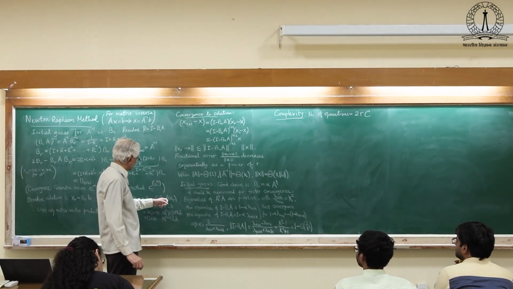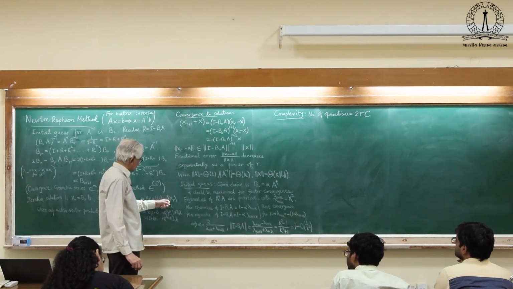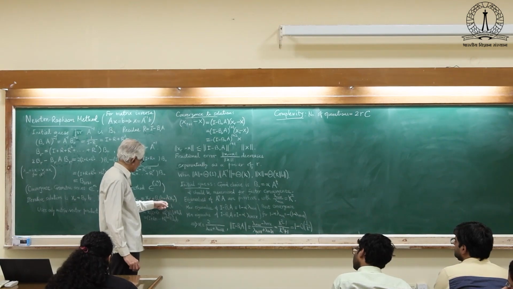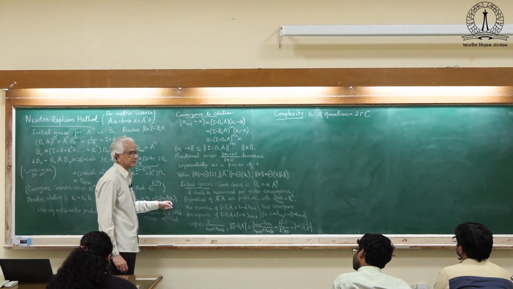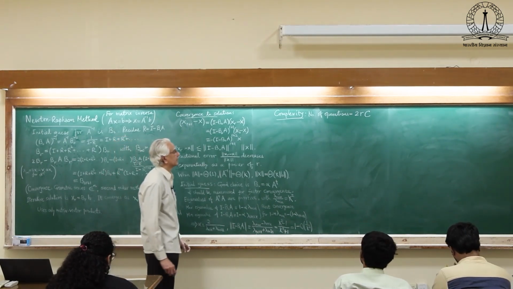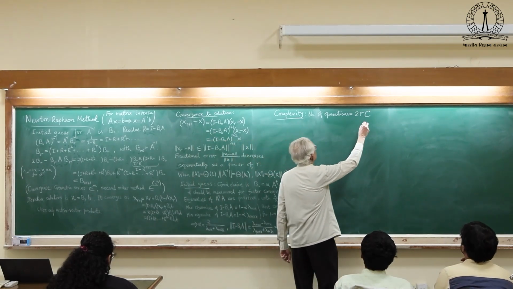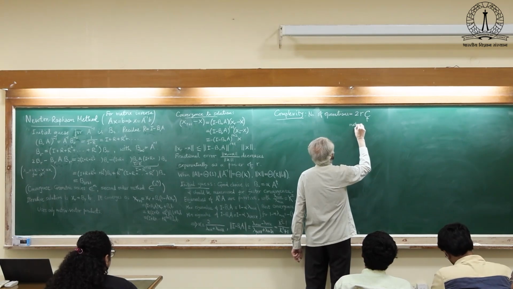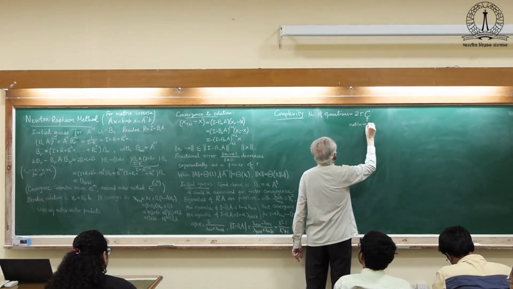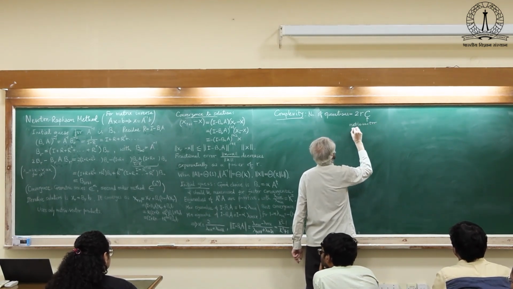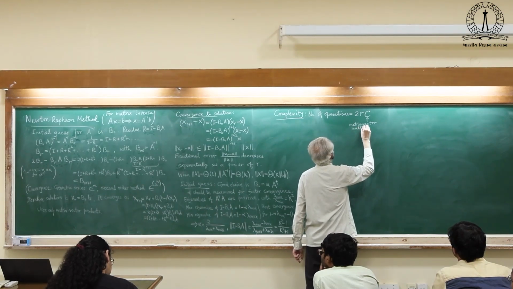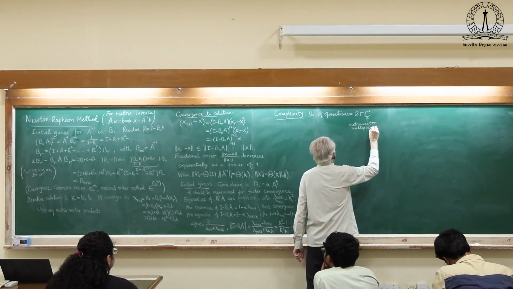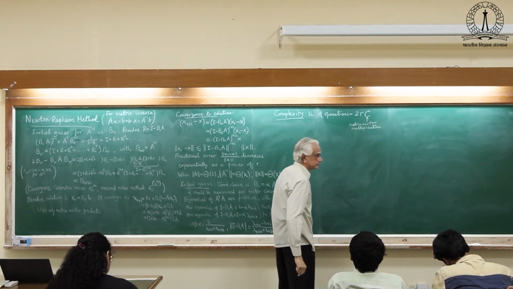The 2 is because I'm multiplying vector times matrix once here and second time here. Okay. And this is a matrix vector multiplication.